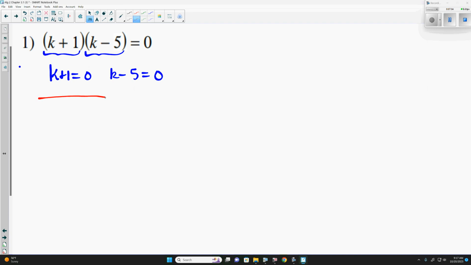To get k by itself, I would subtract 1 from both sides, telling me k is negative 1. Well, we can also solve for the other value of k, and we can do what? Add 5 to both sides.